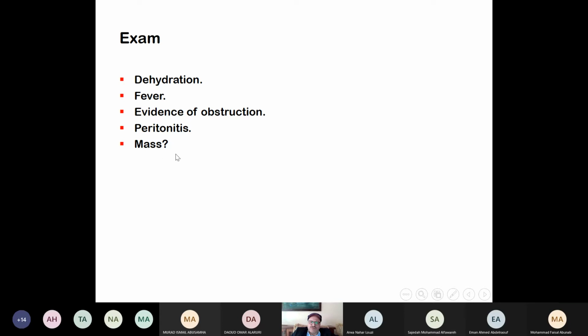Is he having masses or not? And before that, what is the degree of dehydration? What is the degree of shock and sepsis the patient is having? What is going to determine the management and the outcome of obstruction is the shock and sepsis.